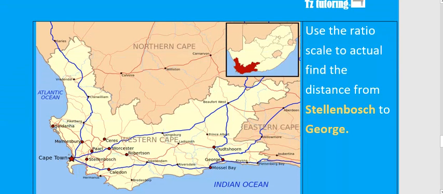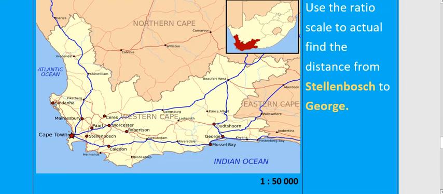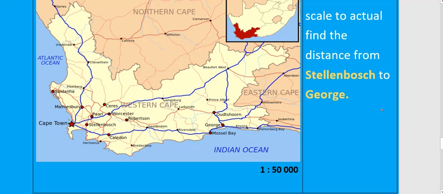All right, let's do a calculation. You are asked to use a scale to find the actual distance. How can we use the scale to find the actual distance from Stellenbosch to George? Okay, Stellenbosch is over here and George is over there.